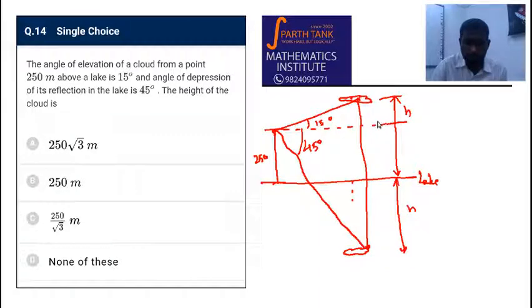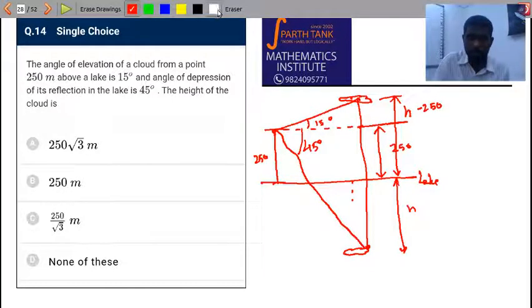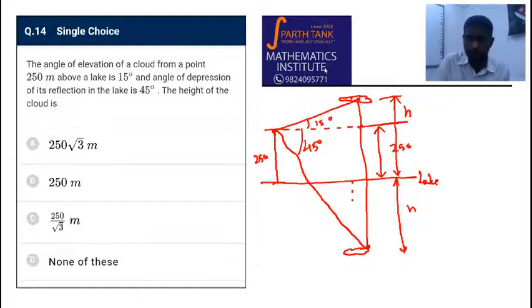Now first of all, if this height is h, and this is 250, then this small distance here is h minus 250, and this whole distance is h plus 250.